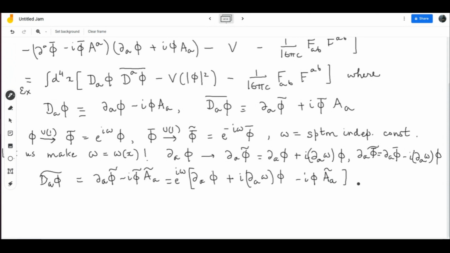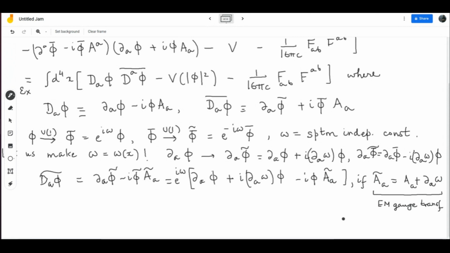But you can see if A tilde is equal to A plus del A omega. Namely, if A tilde is related to A by the standard electromagnetic gauge transformation, which we have discussed endlessly before, so that's just an EM gauge transformation, which of course leaves the Maxwell term invariant.